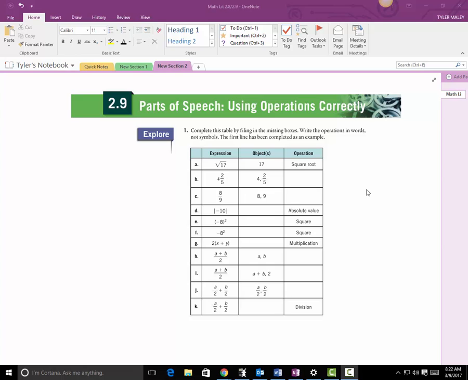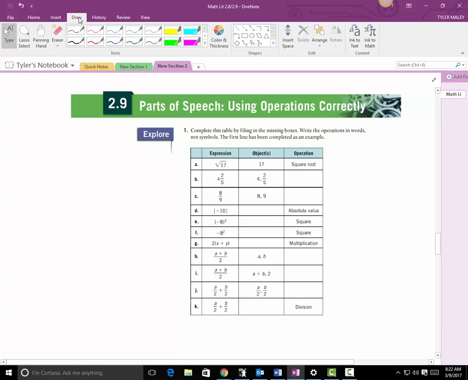So the first one's done for us. So we can see this first row. We have radical 17. The object is 17, and the operation is the square root, right?